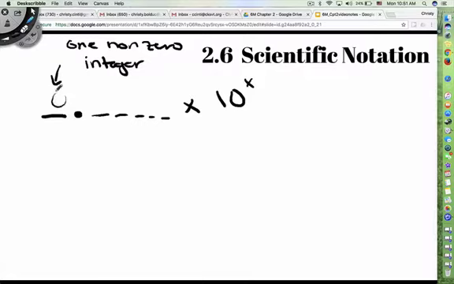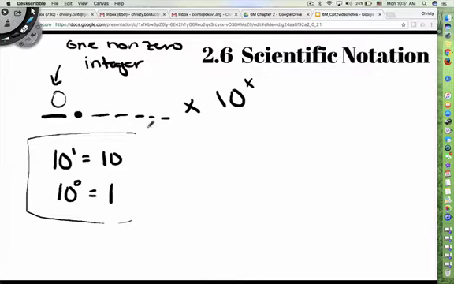You can't have a 0 here, is what I'm saying, in scientific notation. And then, what's the other thing? Oh, 10 to the first power is really just 10. 10 to the 0 power is 1. Okay, so it might be helpful. You may encounter that as you're working, and we'll definitely be working on this more. Okay, good luck, and I will see you soon.